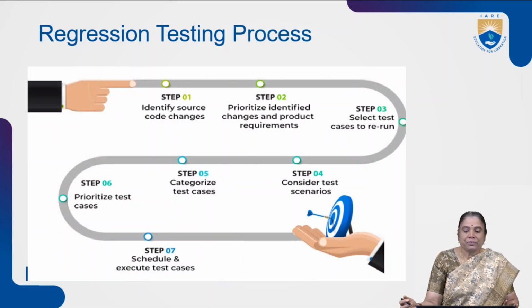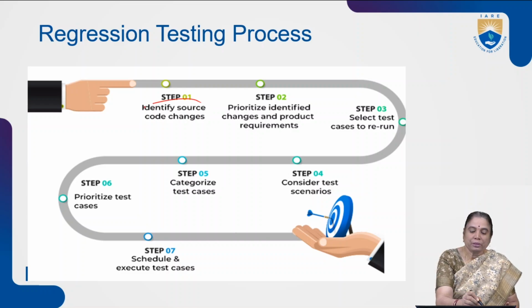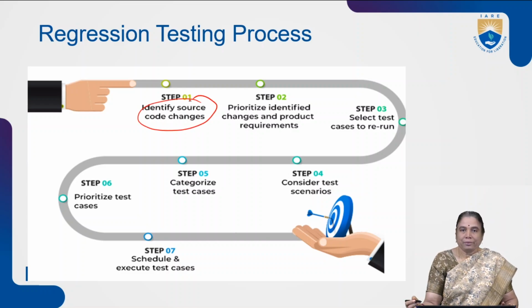The regression testing process: the first step is to identify the source code changes. So, regression testing is retesting already tested functionality. If any code changes arise, then only can regression testing be conducted.